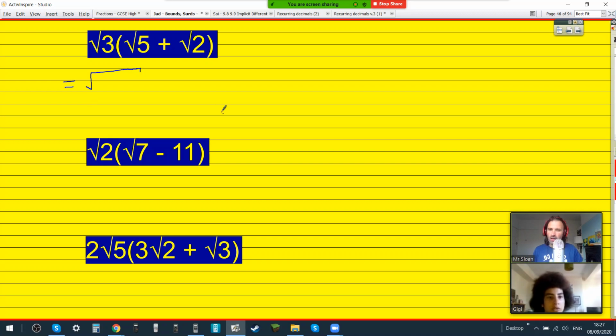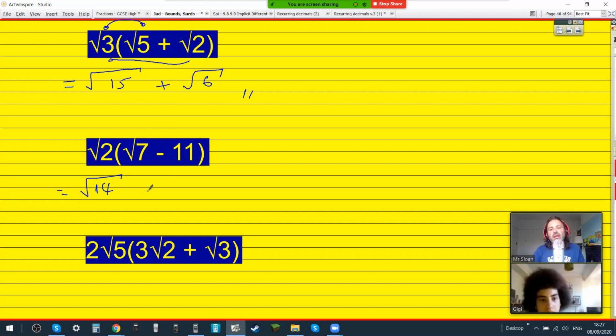No, I'm not sure. So it's just outside times first, outside times second. So what would be root 3 times root 5? Root 15. Yep. And second bit? Root 6. That's it. Next one. 6. Doesn't get any simpler than that. That would be like x plus y, two different things.